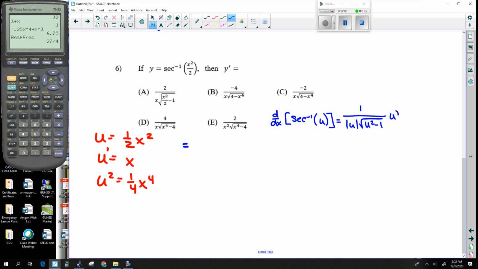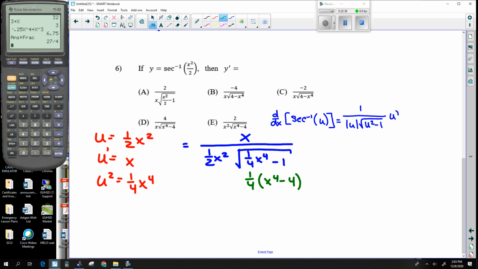So this derivative is u prime underneath u times the square root of u squared minus 1. First thing I'm going to address, I'm going to take out a 1/4 of this, so this is going to be x to the 4th minus 4.